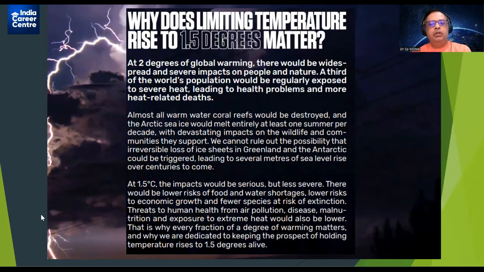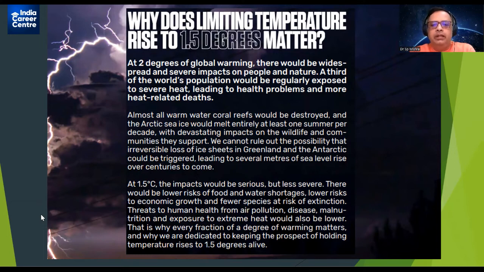Because if we do not do that, at 2 degrees of global warming, there will be widespread severe impact on people and nature. A third of the world's population would be regularly exposed to severe heat, leading to health problems and more heat-related deaths.